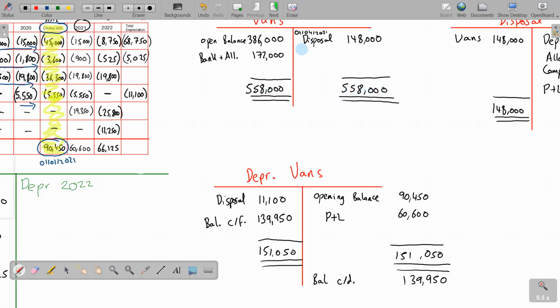So our balance carried forward, which should be the 31st of the 12th, 2021, is 410,000. So 410,000 balance brought down. Perfect. Okay, let's keep going.